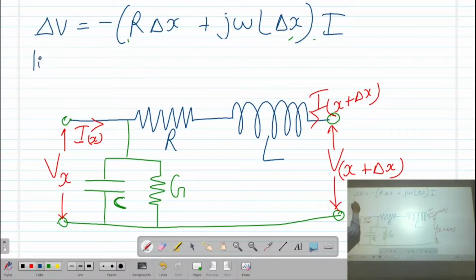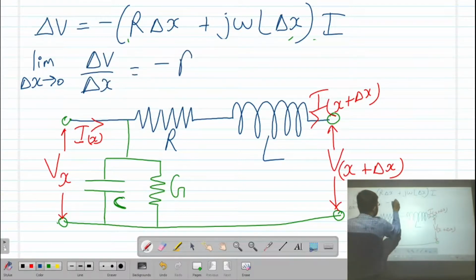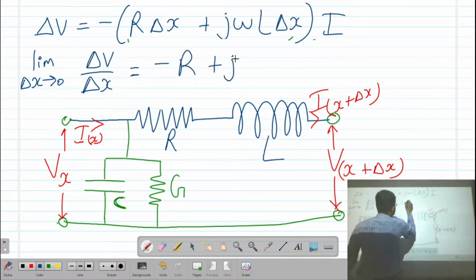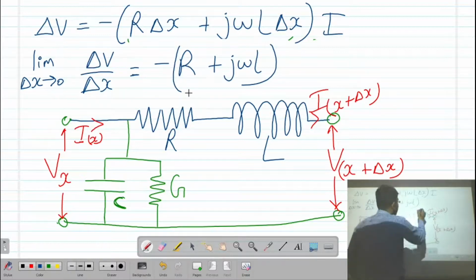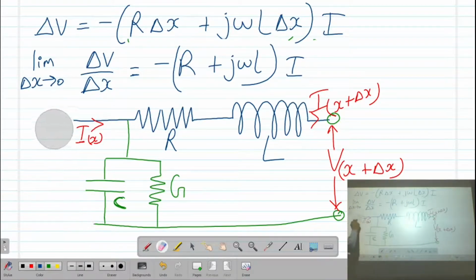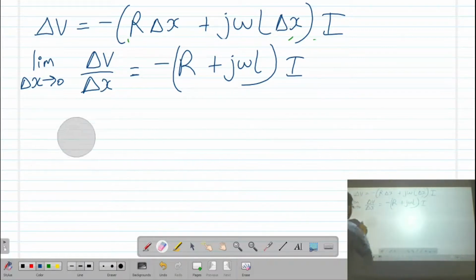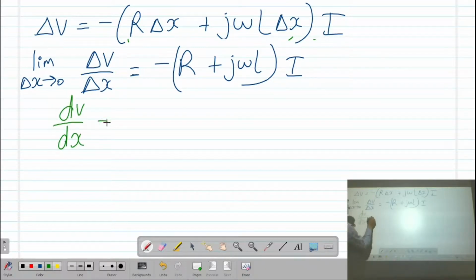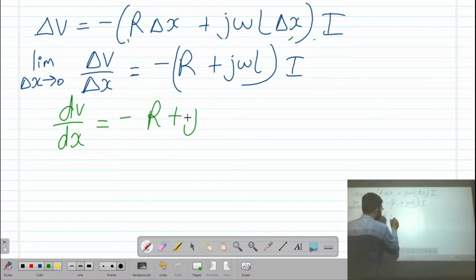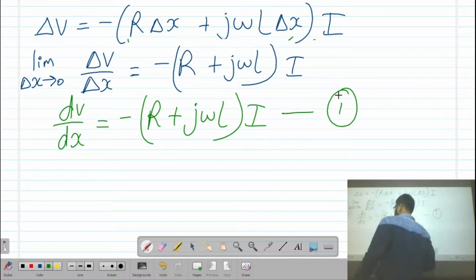So taking the limit where delta x tends to 0, delta V by delta x is equal to minus of R plus j omega L into I. So dV by dx is equal to minus R plus j omega L into I. This is nothing but equation number 1.